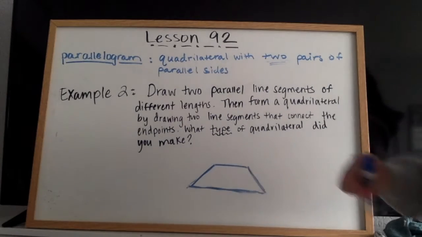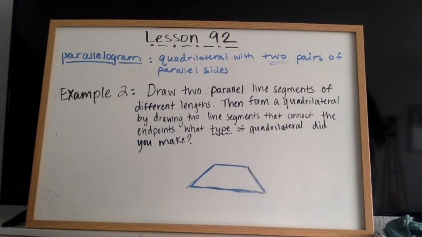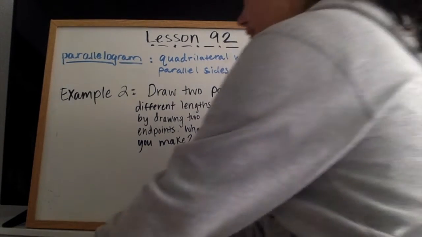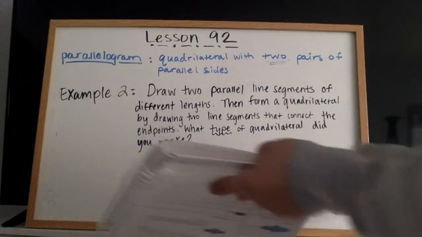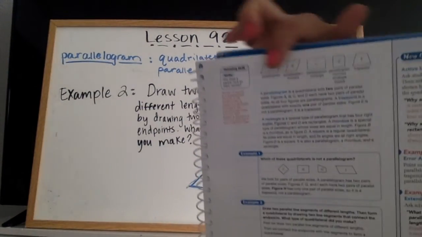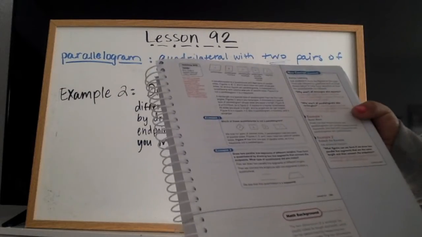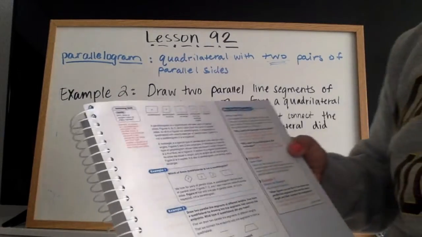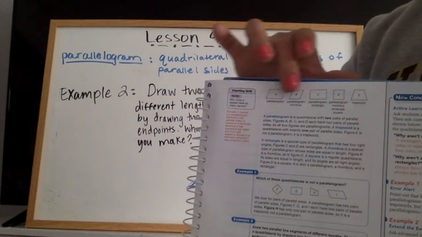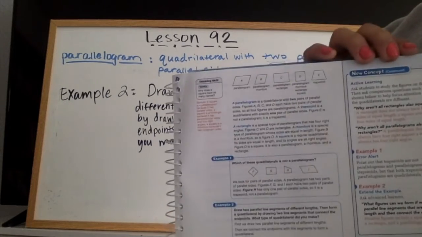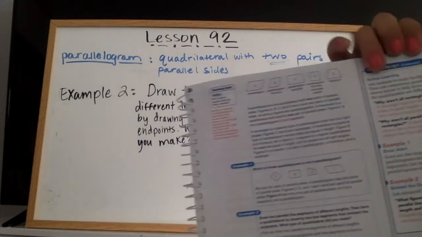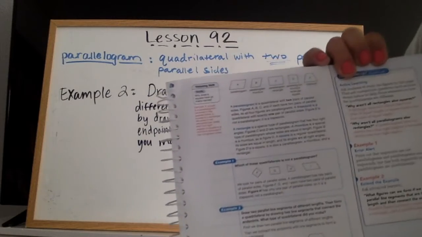Now the question says, what type of quadrilateral did you make? So I'm actually going to reference this book up here, and at the top of page 585, if you need to pause the video, go ahead, page 585.